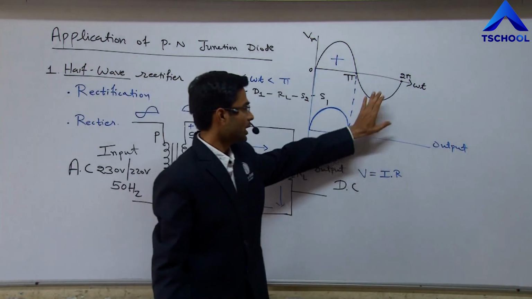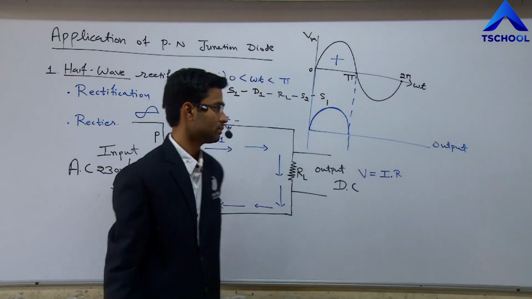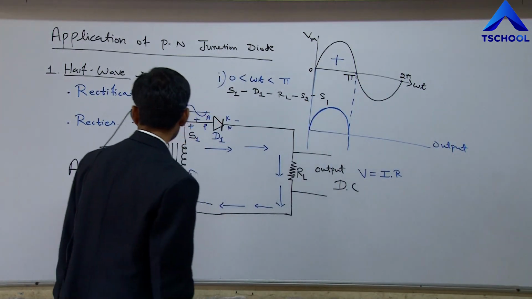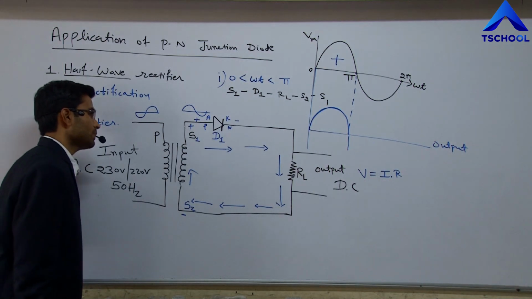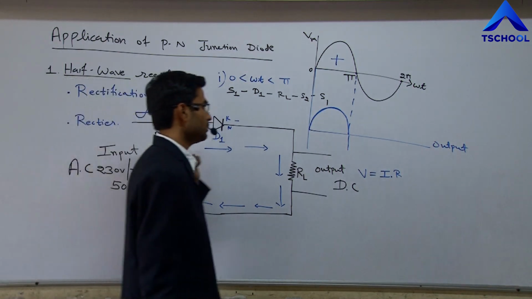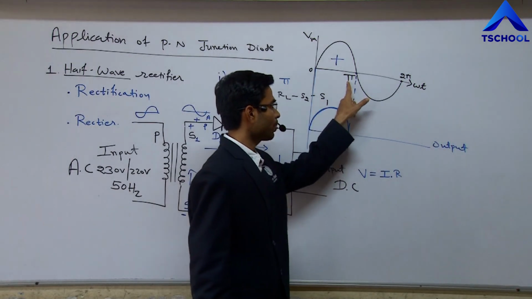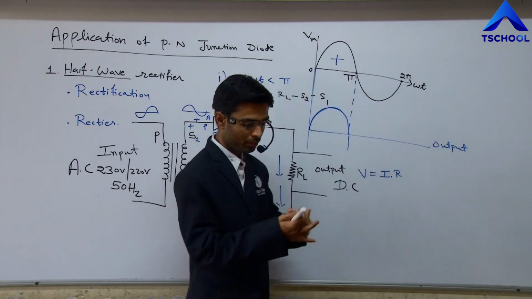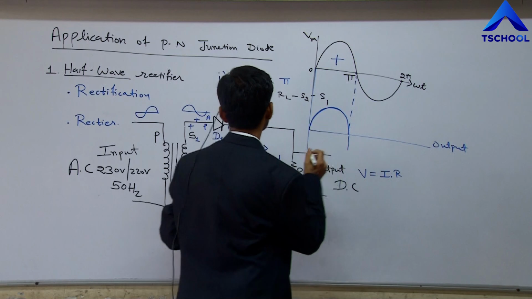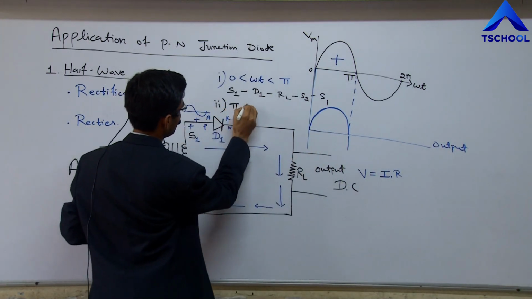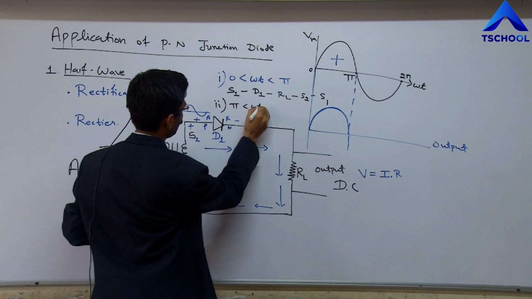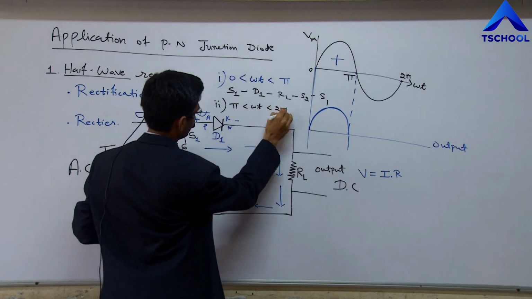Now, during the second half cycle, what happens? Now we will see the second half cycle, the interval pi to 2 pi, that is angle theta, omega t less than 2 pi.